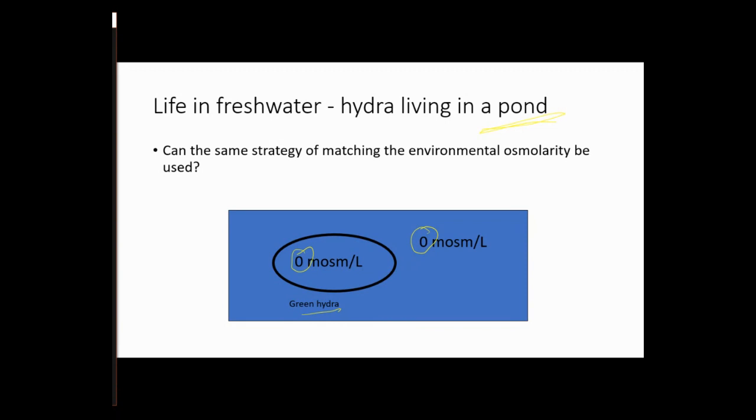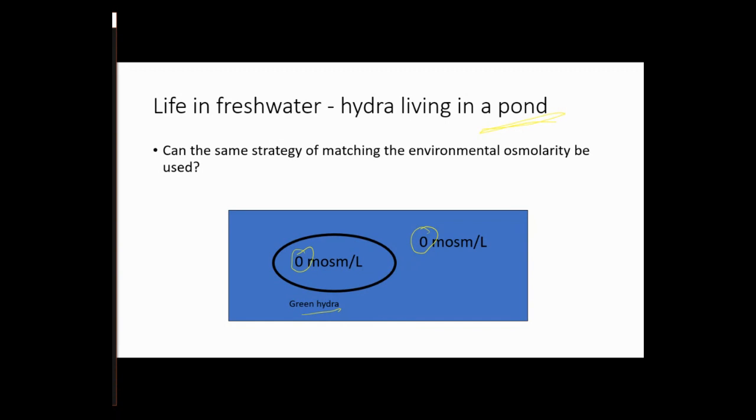No. Don't all bodies require a certain level of salt? Excellent. So I can't do this. This was okay in the ocean, because you can just adjust to having a higher salt content. But your body needs salt. It needs some kind of salt.